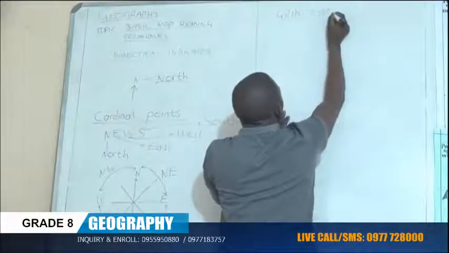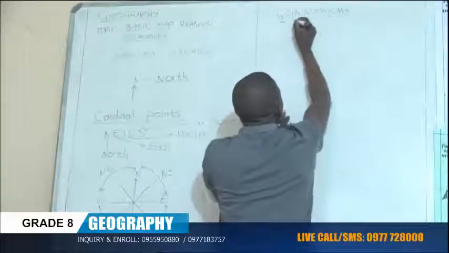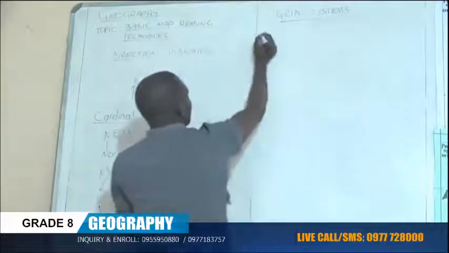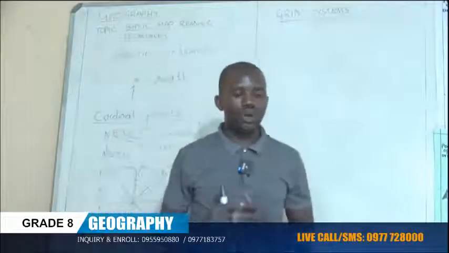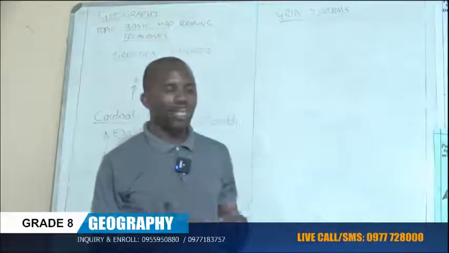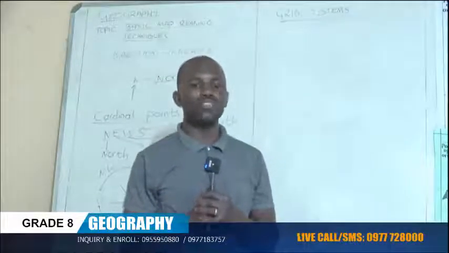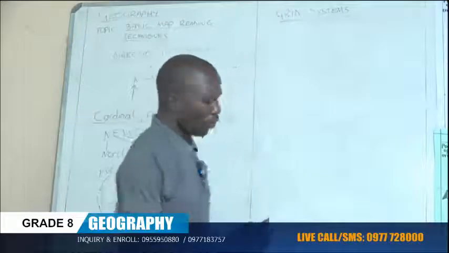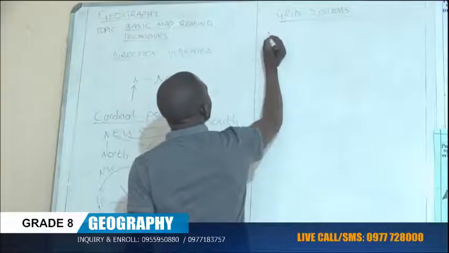The grid systems are very important to be taken note of. Number one, when you reach what we call grid systems, you need to know what a grid pattern is, or what grid patterns are. Okay, in short, what is a grid?